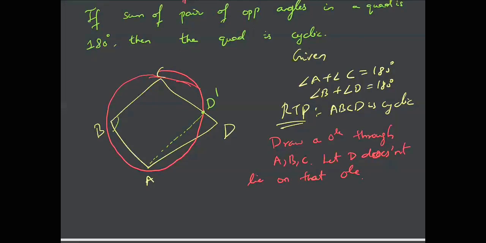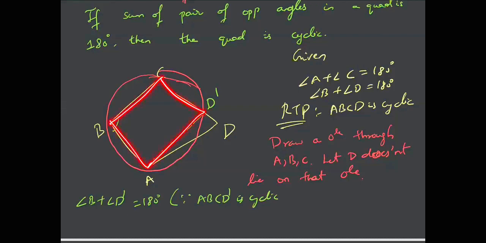We know that angle B plus angle D dash is equal to 180 because ABCD dash is cyclic. Okay, since this quadrilateral is cyclic because all these 4 vertices are lying on a circle, then this plus this is 180, and it is given that angle B plus angle D is 180.